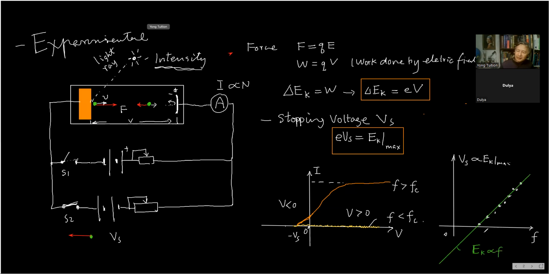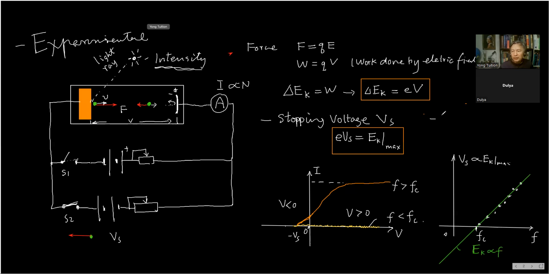To be exact, do you remember that critical frequency, we call it frequency C? If the frequency is less than this value, the photoelectric effect disappears.